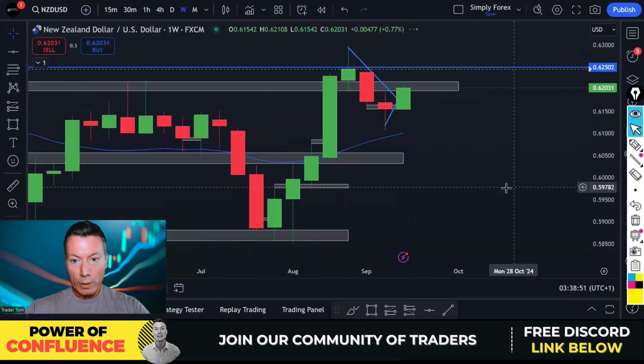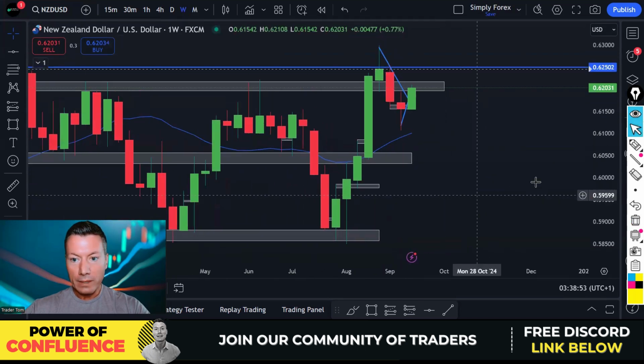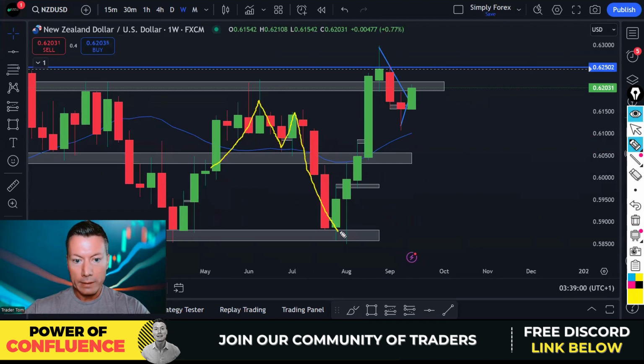Let's drop down to the weekly. Again, we're looking for reasons to take the trade. So on the weekly, we were in a downtrend, held on to this very important support level, and then bang, look at how strong New Zealand dollar has been since then. Just weeks of buying.